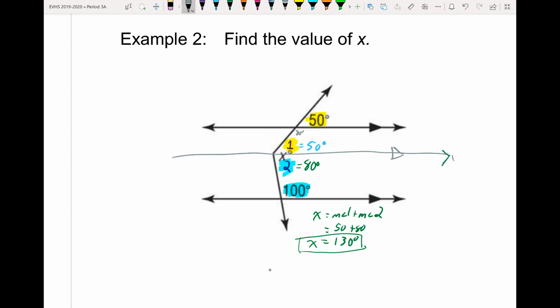Once we get to triangles, and we have some of our triangle theorems and postulates, I could have done it by extending the line this direction, making this 50, making this one 80 because of the 100, because that 100 and that 80 are alternate interiors, consecutive interiors, and then there's something called the remote angles theorem, which would get me there, but that's all later on, and we don't have those tools yet, so we can't do it. There are other ways to do it, but with just the tools we have, this is the most efficient. Okay.